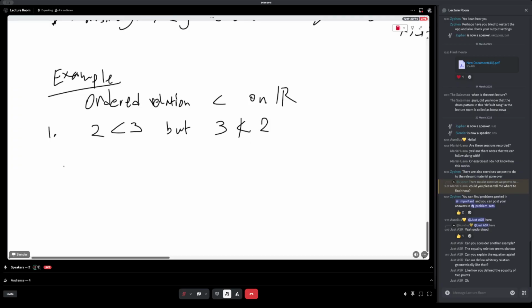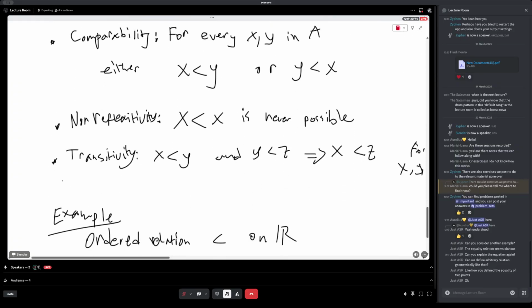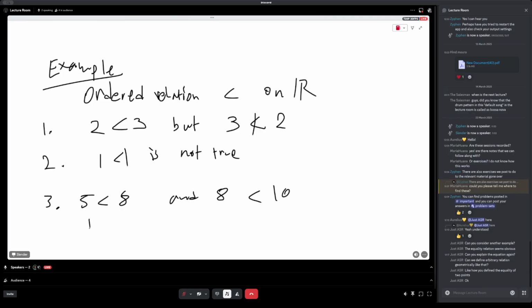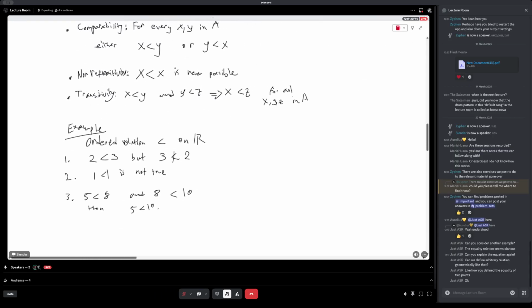The next thing is, let's say any number, 1. 1 is not less than itself. So that already satisfies that. And for transitivity, say 5 is less than 8, and 8 is less than 10, then 5 is also less than 10. So that's an example of an ordered relation. It's pretty simple.